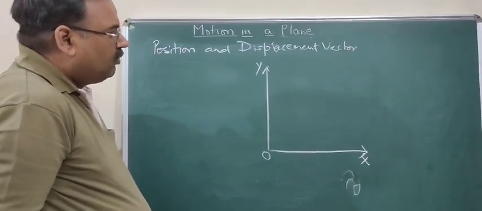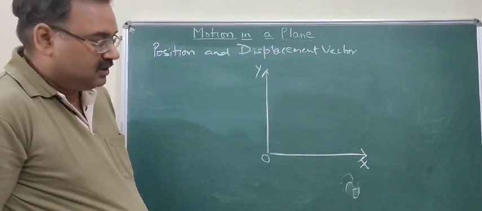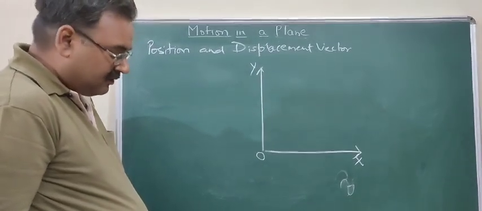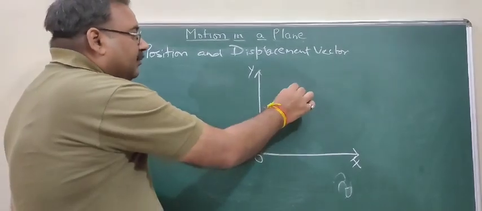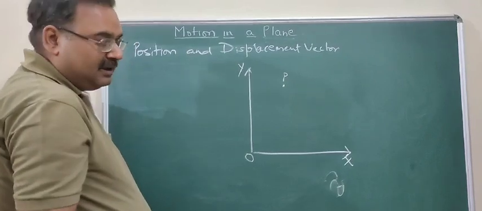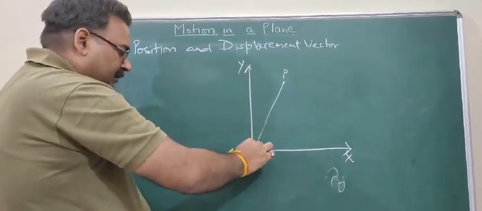So position has to be mentioned with respect to any initial position. Let the initial position be origin. We describe the position of a particle P. Let the particle be at the point P. So we describe its position with respect to the origin.